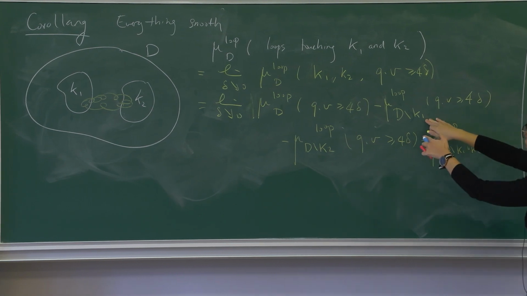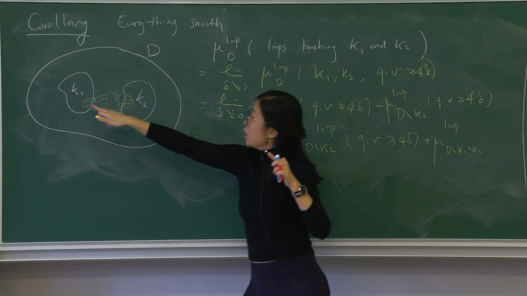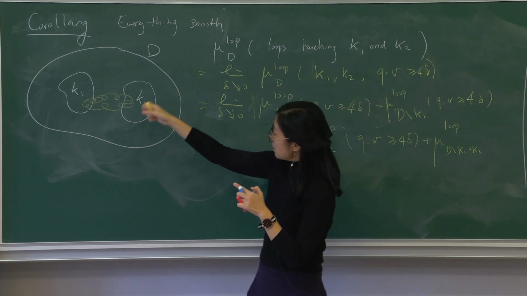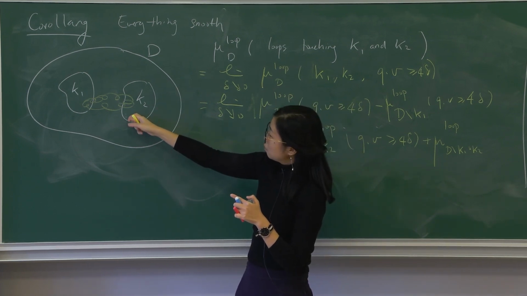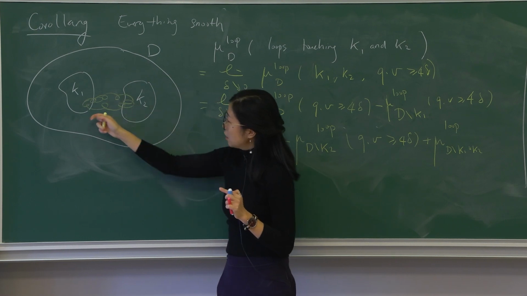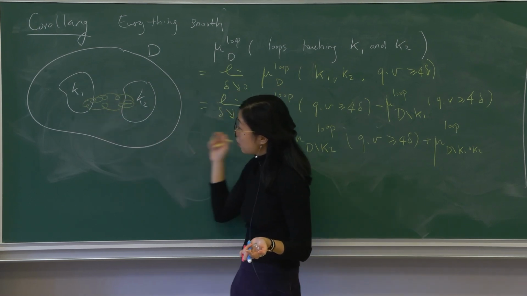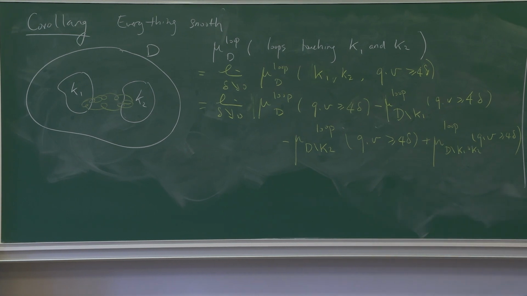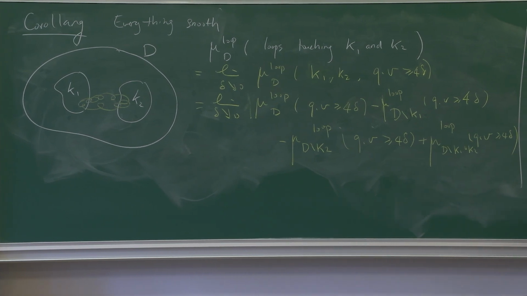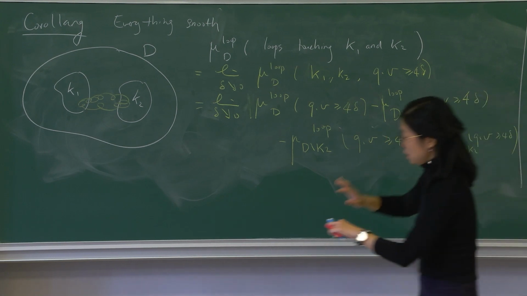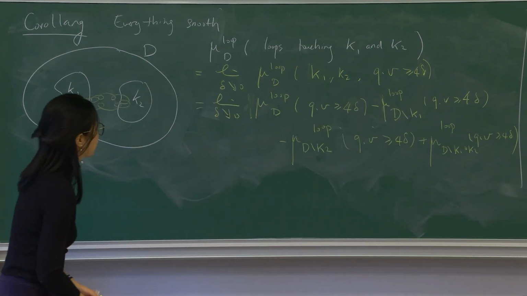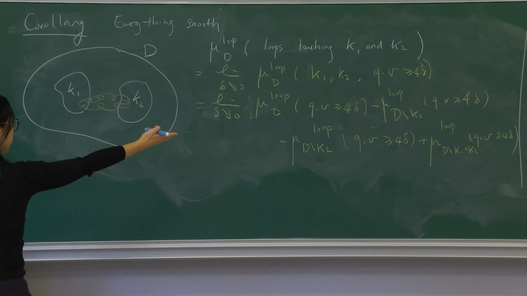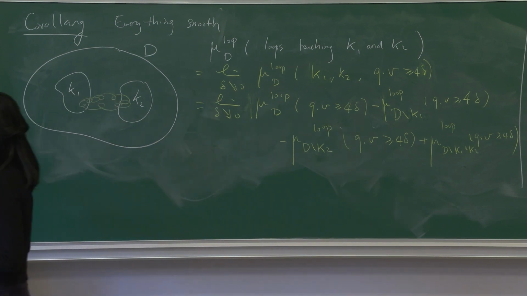I'm throwing away those loops which don't touch K1, and then those which don't touch K2. But for those which touch neither of them, I had been throwing them out twice, so I add them back. This is just an inclusion-exclusion sum. All right, and then before taking the limit, you expand everything here.